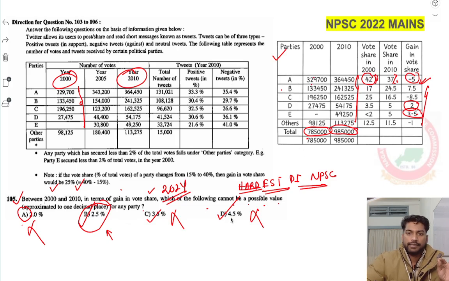But look, in option A, for 3 to 5 it means, look at E, they are saying they are not sure. The vote share can be 3 to 5, so it can be 3.5 and 4.5. So it's not possible. And 2% is also there, so not possible. 2.5, okay, 2.5 is the answer. Chalo, next question.